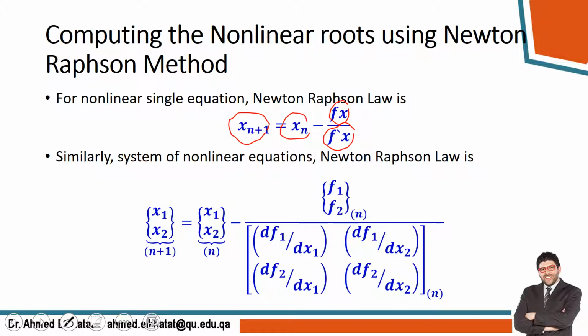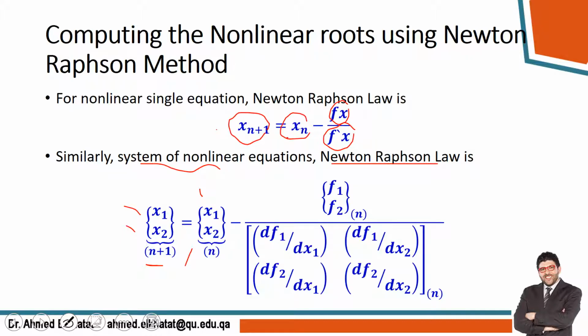Now similarly, if we have a system of nonlinear equations, the Newton-Raphson law will be similar to this one, but a little bit more complicated. Here instead of x, we have x1 and x2 at n plus 1. Instead of x1, I could have 2 or more, but we will focus only on 2.